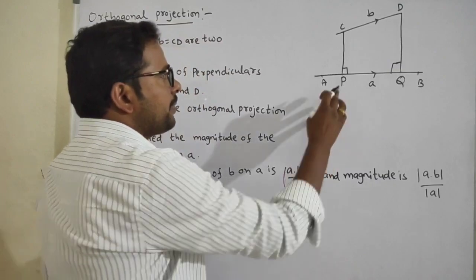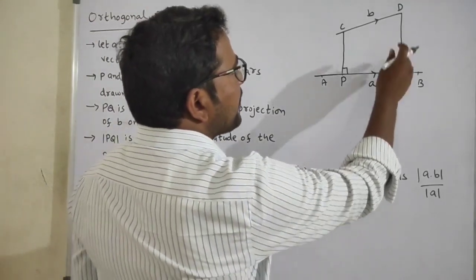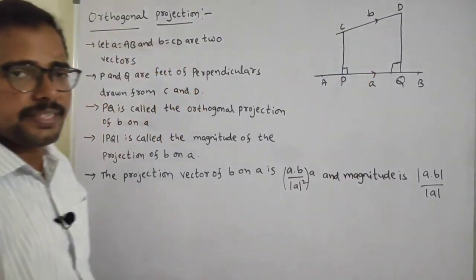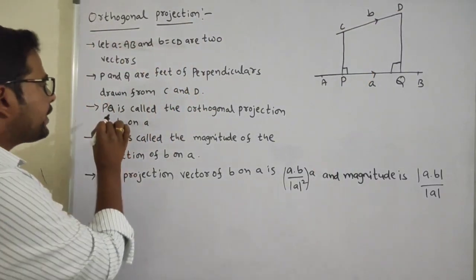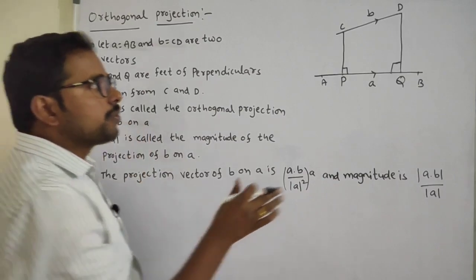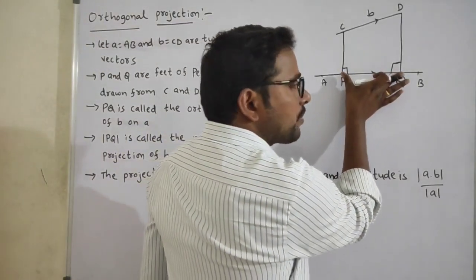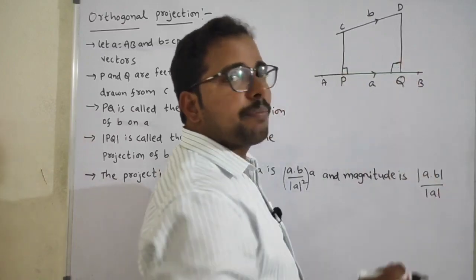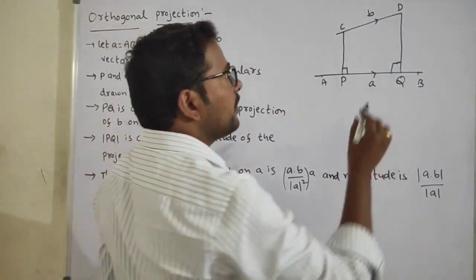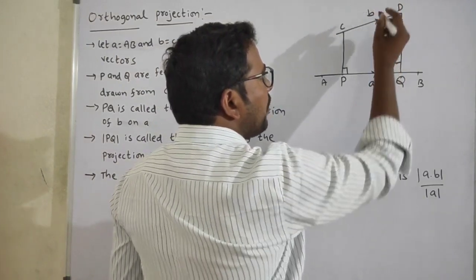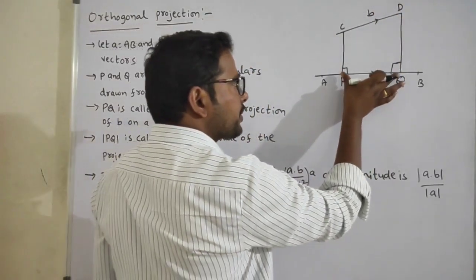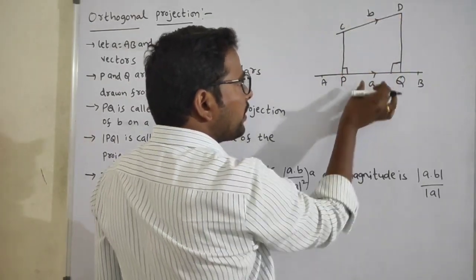Then PQ is called the orthogonal projection of B on A.